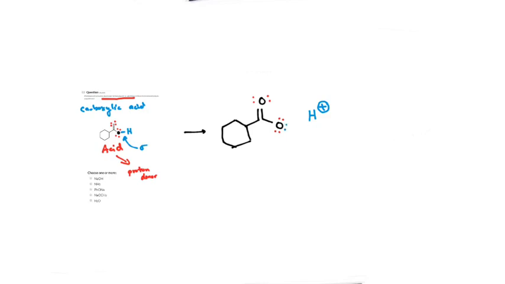If we now go through our formal charge rules that we did way back in Unit 1, or had memorized, we would know that that oxygen would be negatively charged. And so what we've now drawn is what is known as the conjugate base.